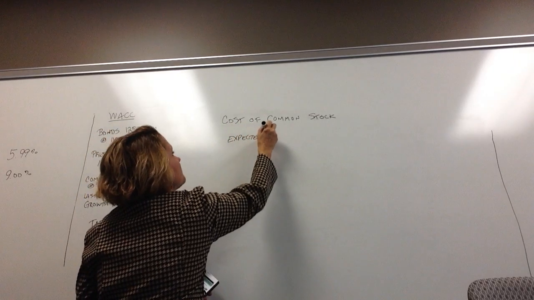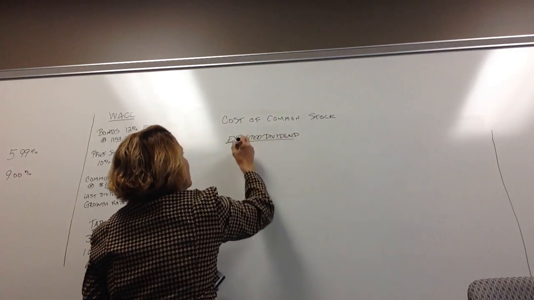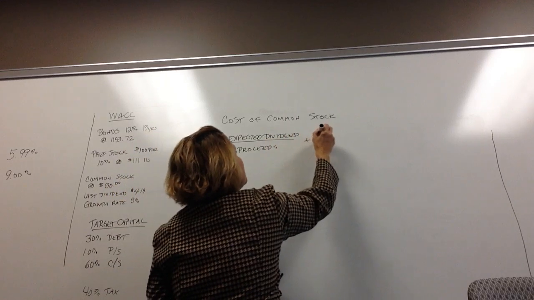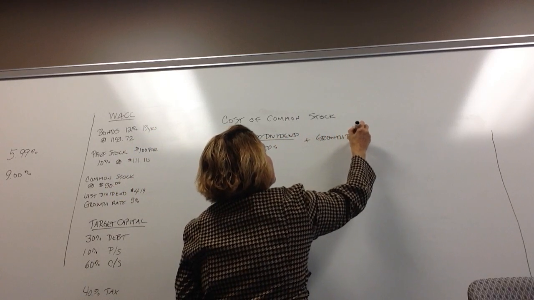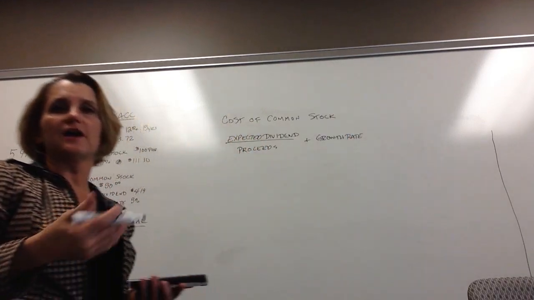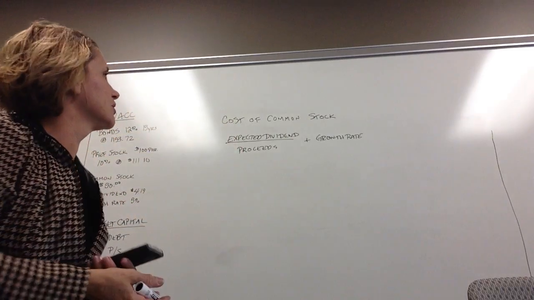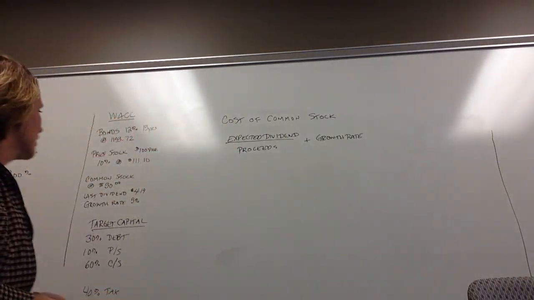So it's my expected dividend divided by my proceeds plus my growth rate. With preferred stock, they pay the same dividend every year. There's no growth. It's zero growth. With common stock, it does grow, so we have to factor that into our costs.